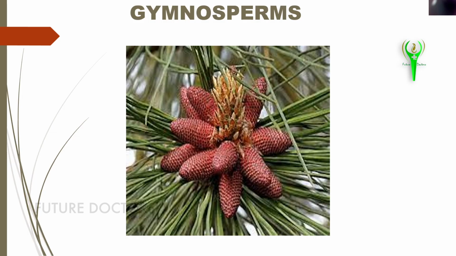Next is gymnosperms. Gymnos means naked, sperma means seeds. So these are the plants in which the ovules are not enclosed by any ovary wall and remain exposed both before and after fertilization.